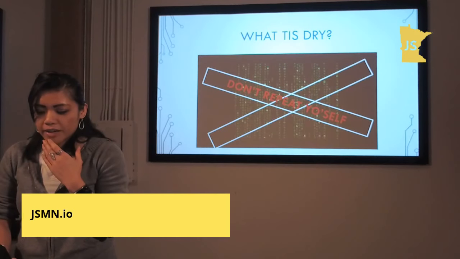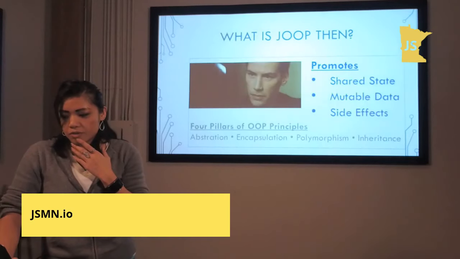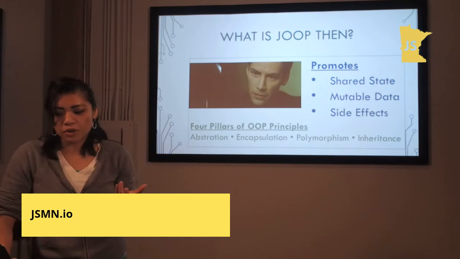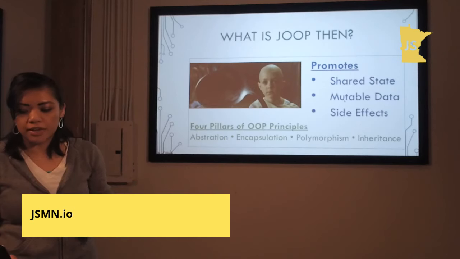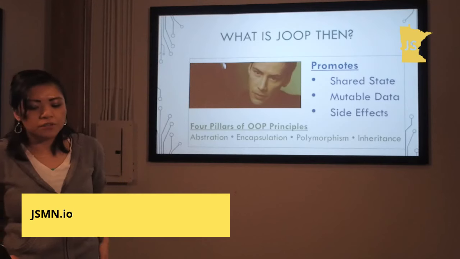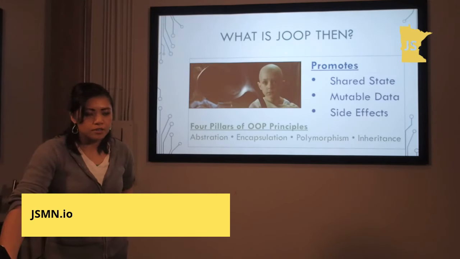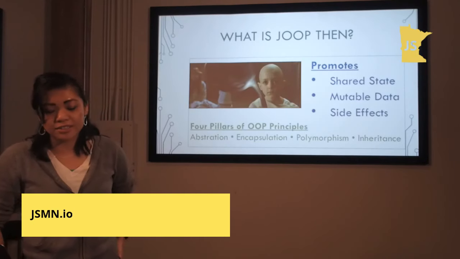So this kind of goes into what is OOP. So kind of what we talked about, it promotes shared states, mutable data, side effects, and it relates to the four principles of object-oriented programming, which are abstraction, encapsulation, polymorphism, and inheritance.